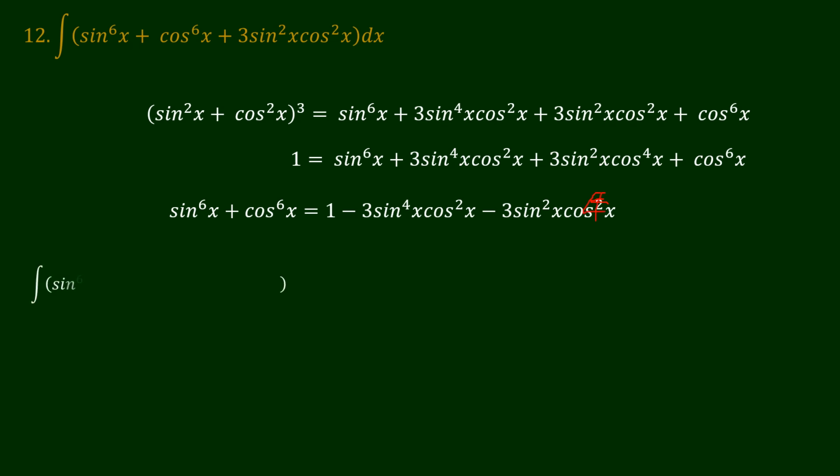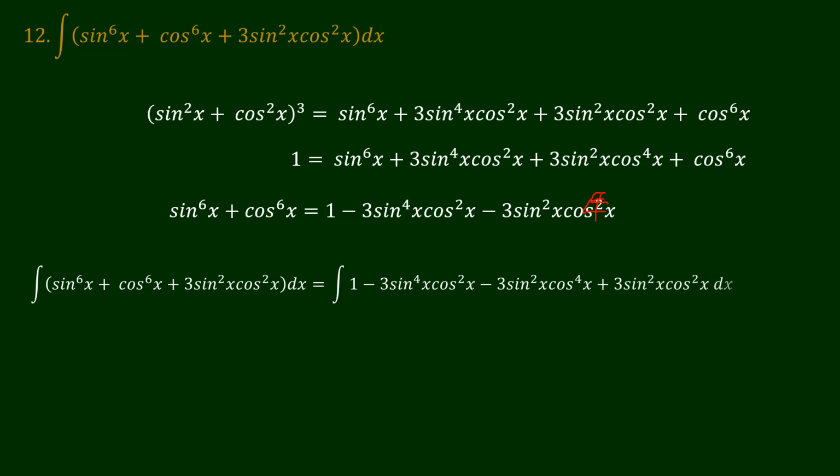And so the integral now of sine to the power 6x plus cosine to the power 6x plus 3 sine squared x cosine squared x is equal now to 1 minus 3 sine to the power 4x cosine squared x minus 3 sine squared x cosine to the power 4x plus this 3 sine squared x cosine squared x.